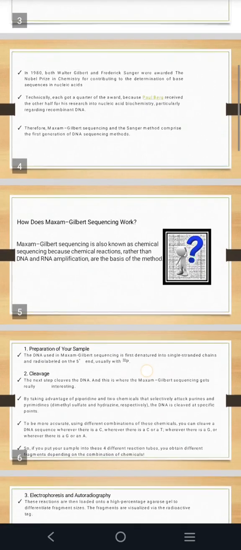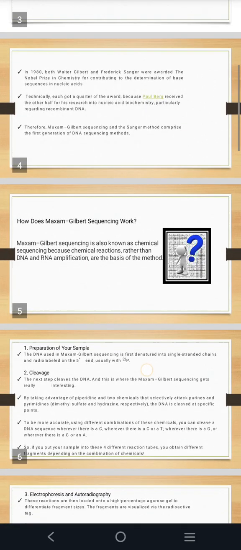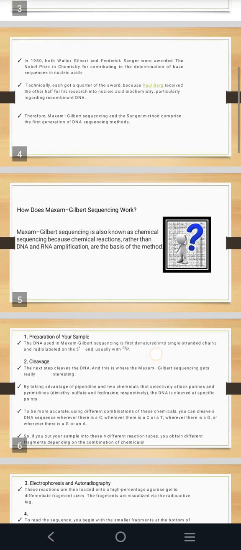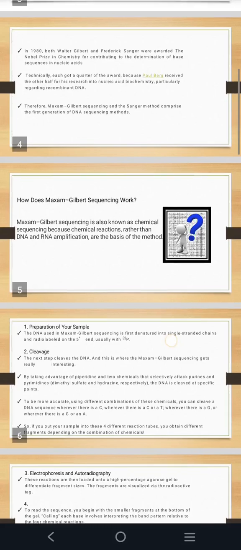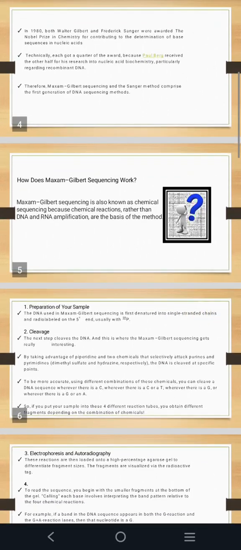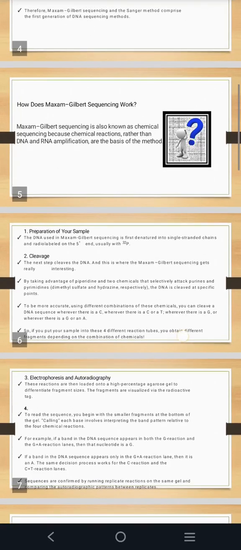Paul Berg received the other half for his research into nucleic acid biochemistry and recombinant DNA. Therefore, the Maxam-Gilbert sequencing and the Sanger method comprise the first generation of sequencing methods.